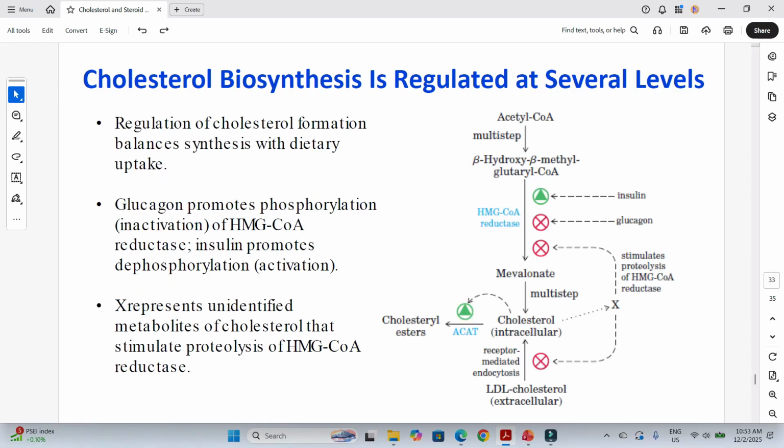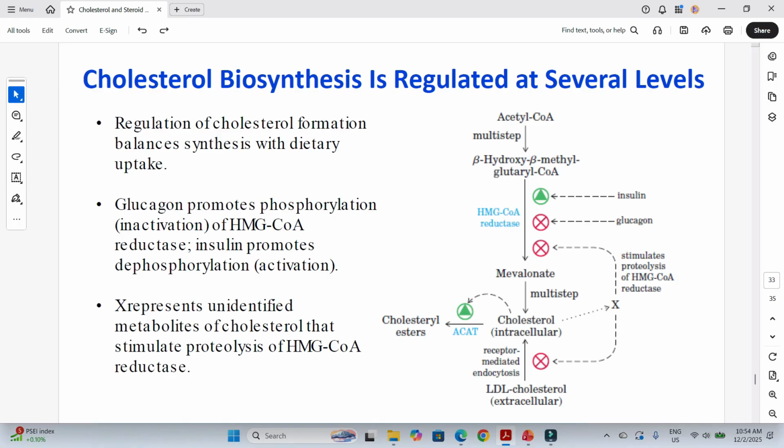Now, cholesterol biosynthesis, as I've mentioned, is regulated at several levels. So, the regulation of cholesterol formation balances synthesis with the dietary uptake. Glucagon, for example, promotes phosphorylation or the inactivation of HMG-CoA reductase. Remember, that's the rate-limiting step, the committed step in biosynthesis of cholesterol.